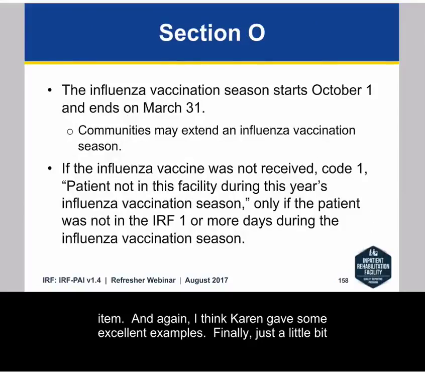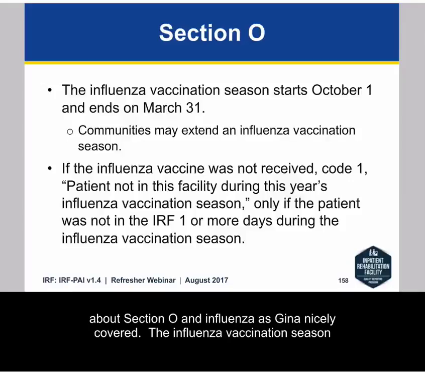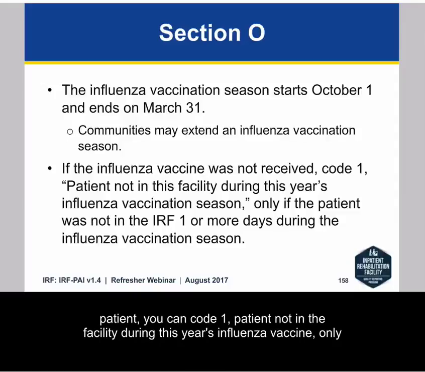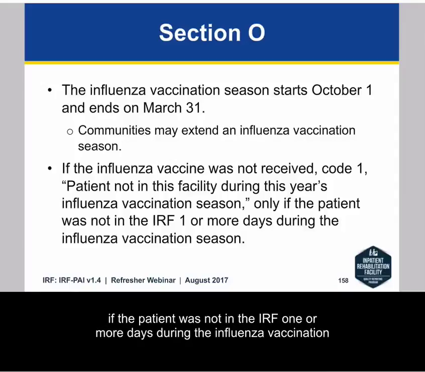Finally, just a little bit about Section O and influenza. As Gina nicely covered, the influenza vaccination season, again, is October 1 to March 31st. And if the influenza vaccine was not received by a patient, you can code 1, patient not in the facility during this year's influenza vaccination season, only if the patient was not in the IRF 1 or more days during the influenza vaccination season.